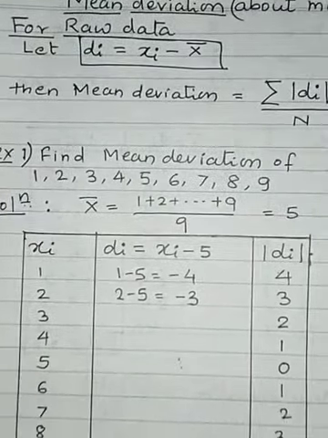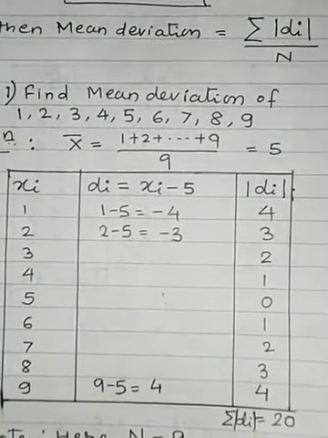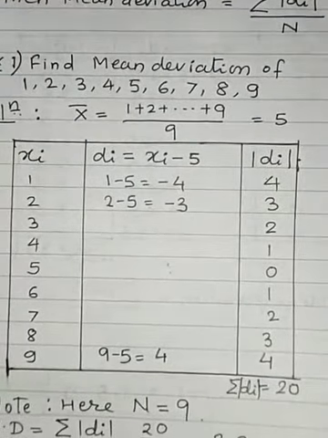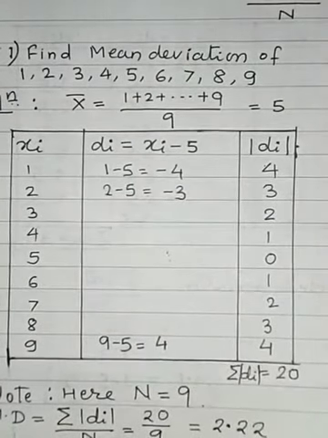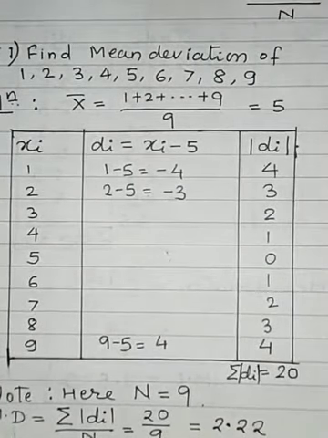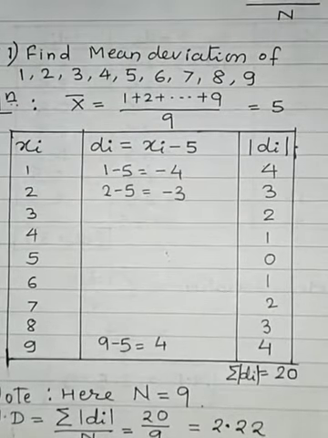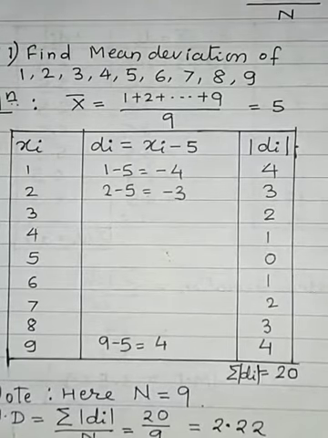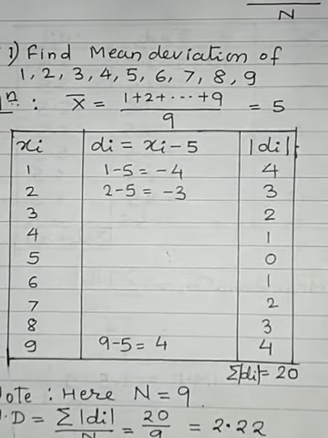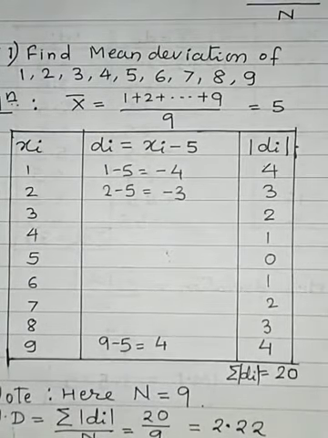Now let us try to make vertical columns. Your first column is xi, in which you are writing those numbers 1, 2, 3, 4, 5, 6, 7, 8, 9. Next column is di.